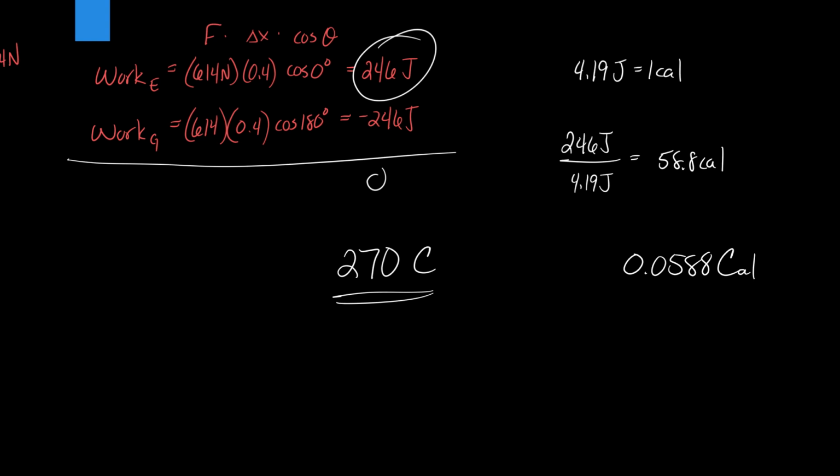What's 270 divided by 0.0588 calories? 4,591 reps would be necessary for Aaron to be able to burn off that one candy bar. Now, I did that with the bar.